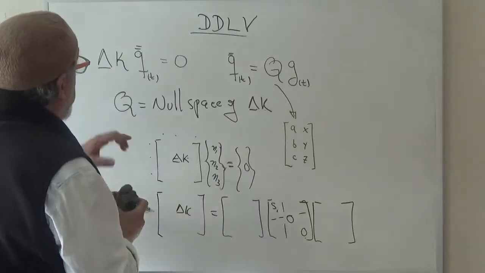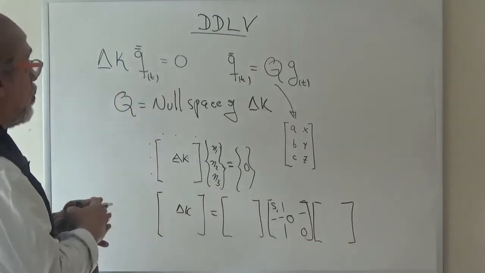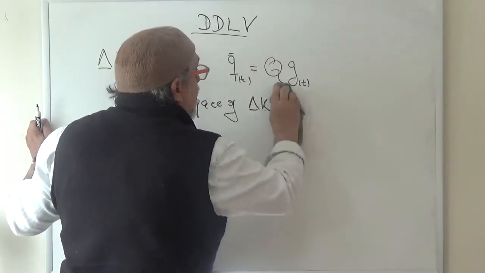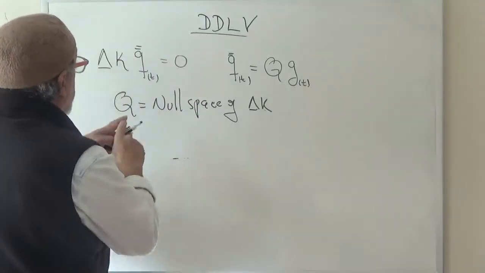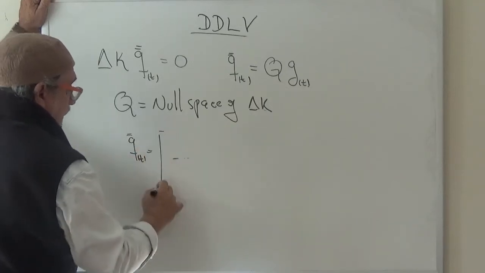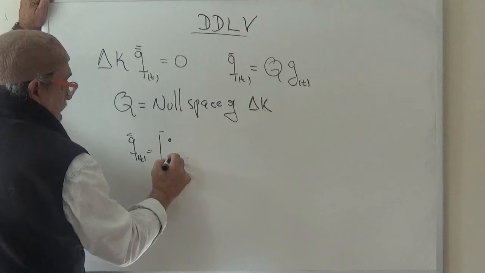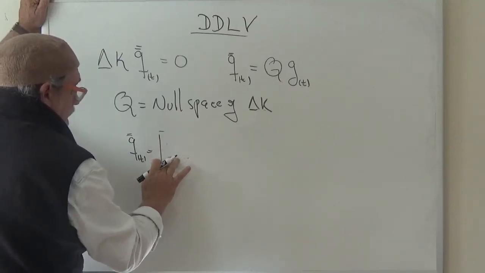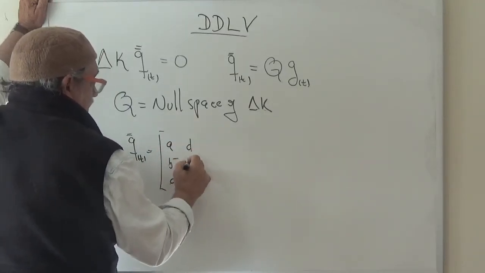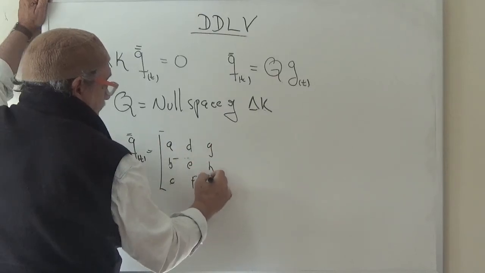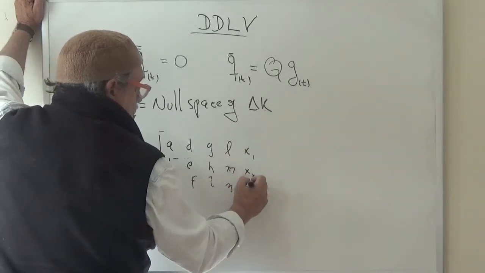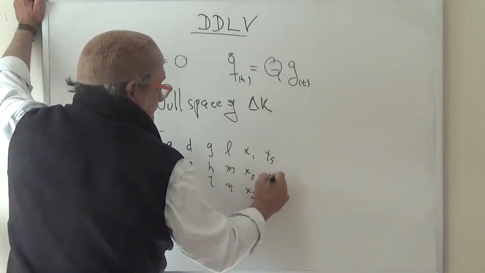So what we're saying here is that during the response of the structure, this Q transpose could be, let me use numbers, let's say A, B, C, D, E, F, G, H, I, L, M, N, X1, X2, X3, Y5, Y6, Y7.